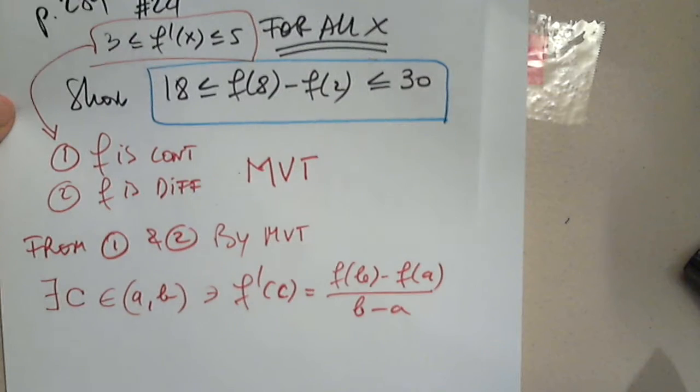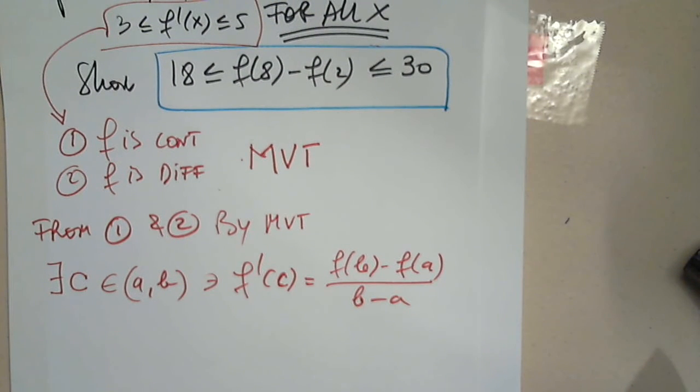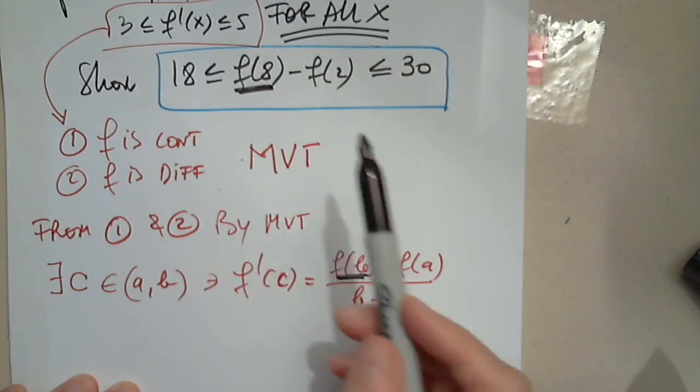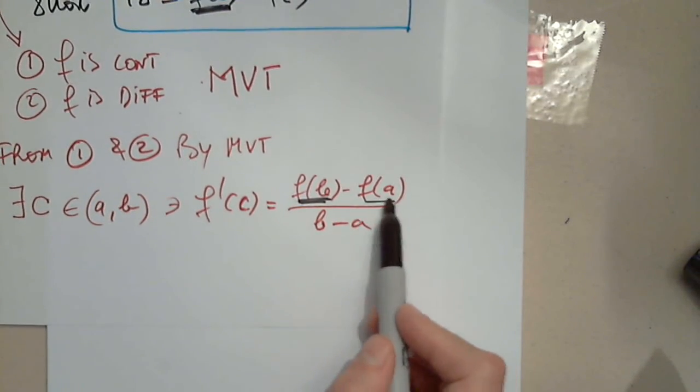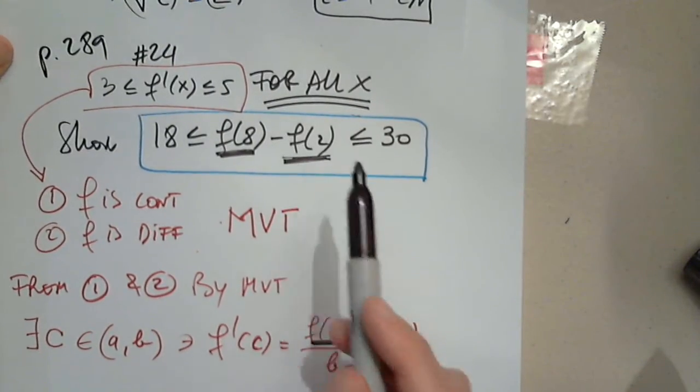Can anyone identify an interval with which we should start our work? By comparison, I see f of b as f of 8 and f of a as f of 2.